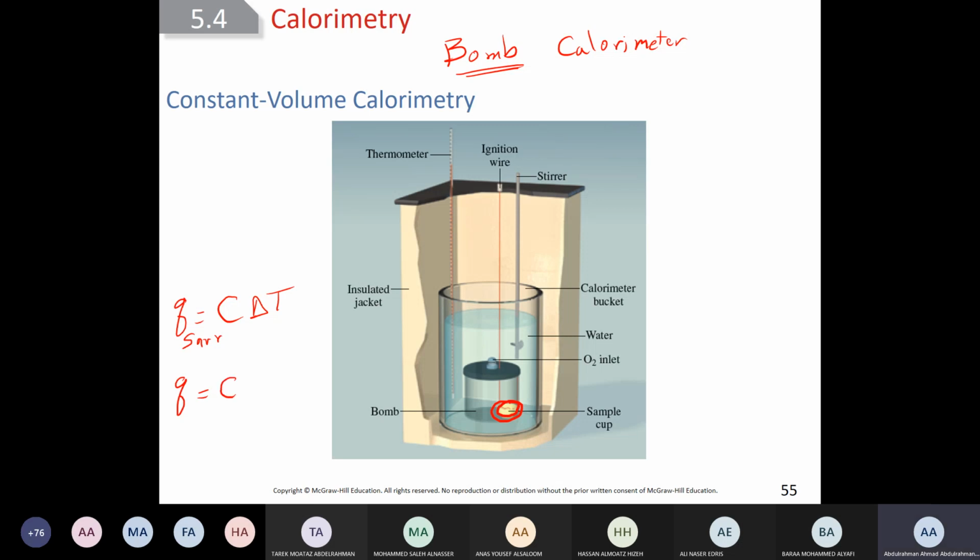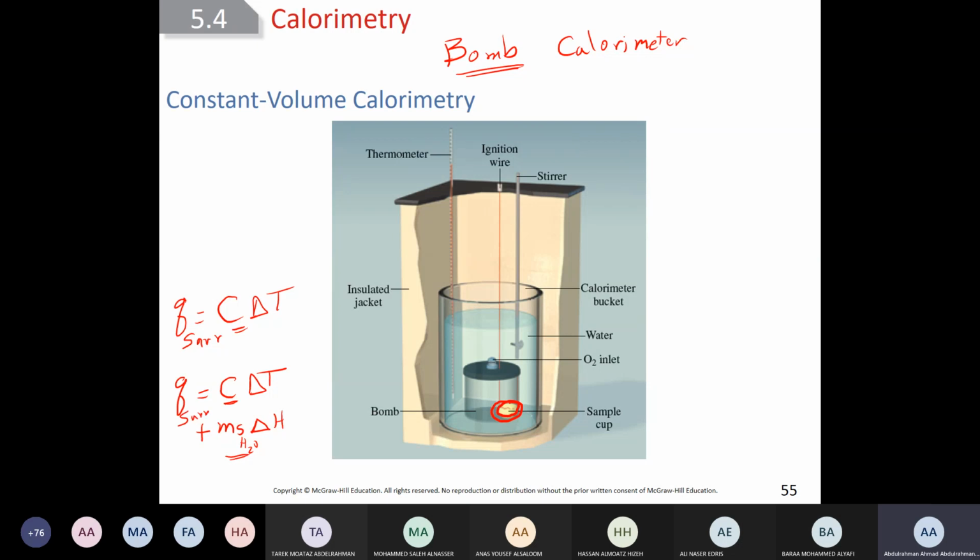So it will be C delta T for the calorimeter plus m s delta T for the water. It depends on the question. If C is for the whole calorimeter, then you calculate it for the whole calorimeter, including the water. If I tell you this C is for the calorimeter without the water, you have to have the Q for surrounding for both of them.